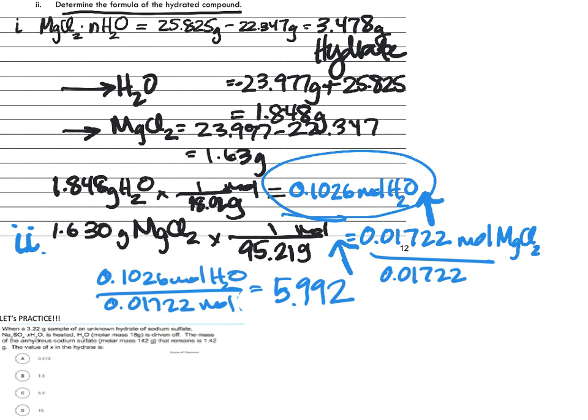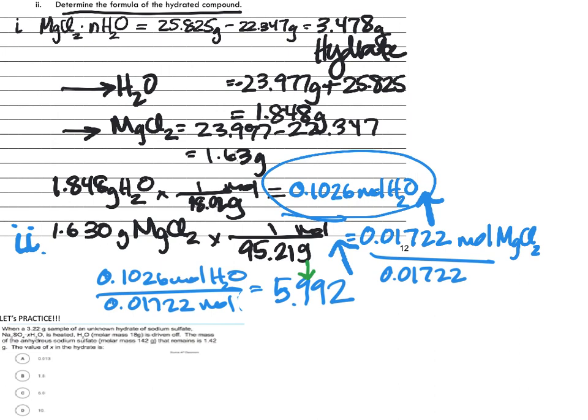Now, general rule of thumb, take a look at the tenths place. If you round it and it rounds up to a whole number or rounds down to a whole number, you're pretty good, even if it's like 0.1 or 0.85.